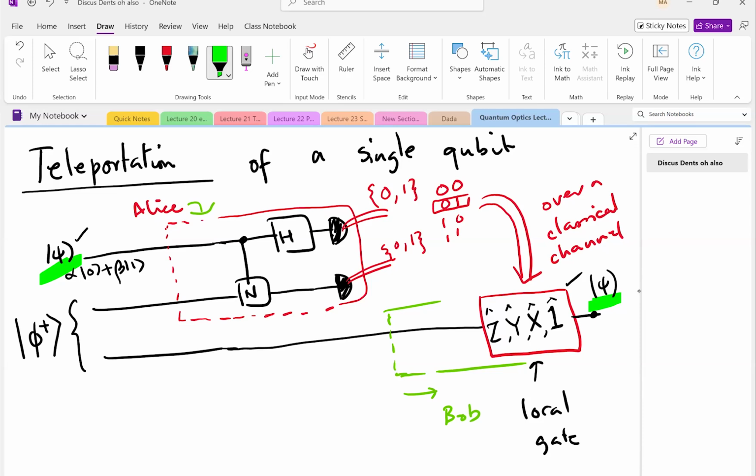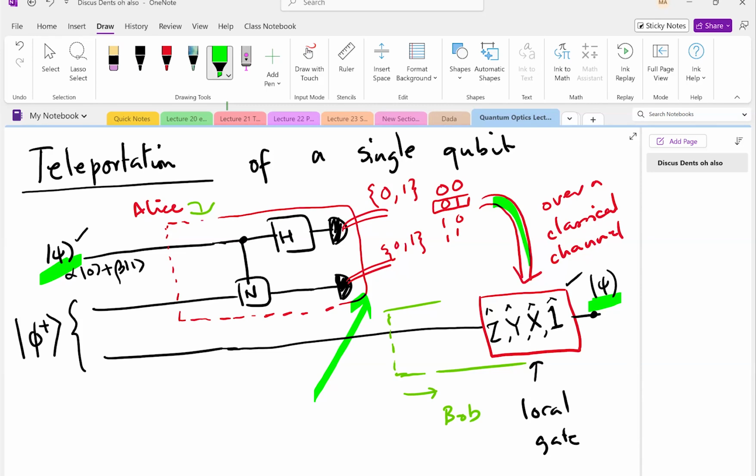Now this kind of scheme of teleportation became the progenitor, or the prelude, to measurement-based quantum computation, and all the ingredients are already in here. For example, there is a measurement that takes place here. It's a classical measurement. That measurement is then transmitted, and the second party, Bob, just has to apply a local gate.